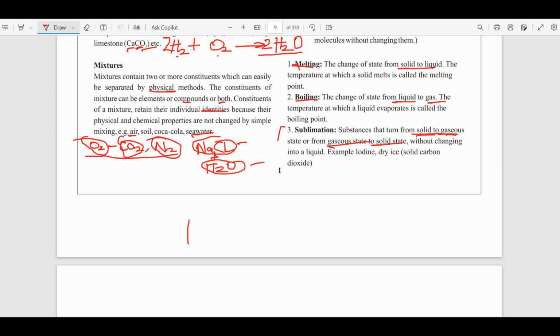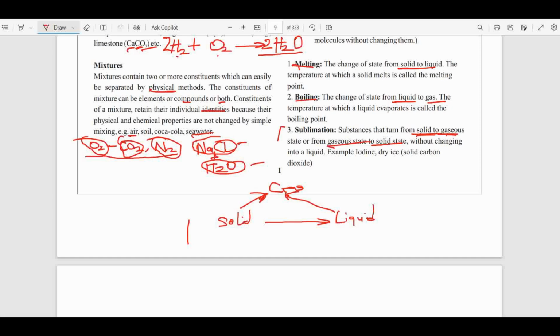So what has happened in sublimation is that you have actually bypassed the liquid state. So for example, if you have solid at this point and it changes into liquid, and then the liquid changes into gas at this point, and the solid changes directly into gas at this other point.